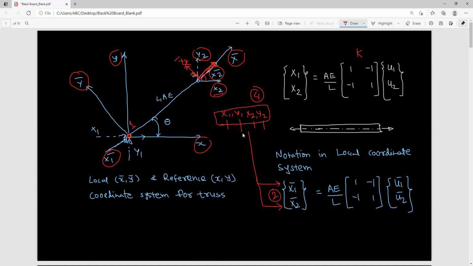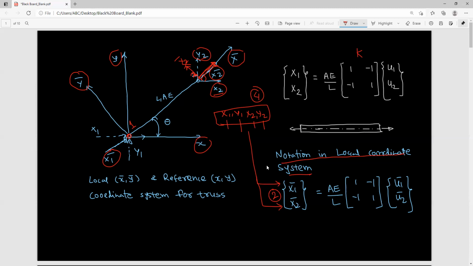We have used the notation of a bar over the symbols for the local coordinate system, and if I now have 4 force components at each node, I am required to write my stiffness matrix in the local coordinate system also with the size of the global coordinate system, that is 4 by 4. And how do we write it?